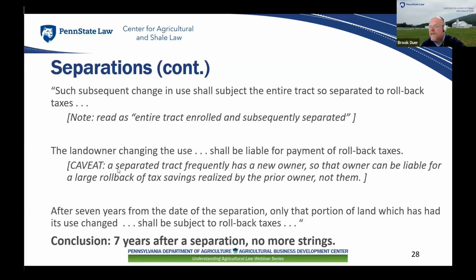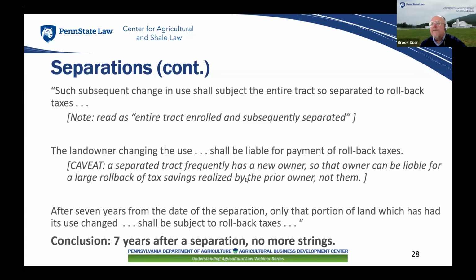What that means is a separated tract frequently has a new owner. So that new owner can be liable for a large rollback of tax savings realized by the prior owner. In other words, depending on where they are in the 7 years progression, there may be a really large bill, essentially the government recouping the tax savings, and it was the tax savings that the person you bought your property from realized.